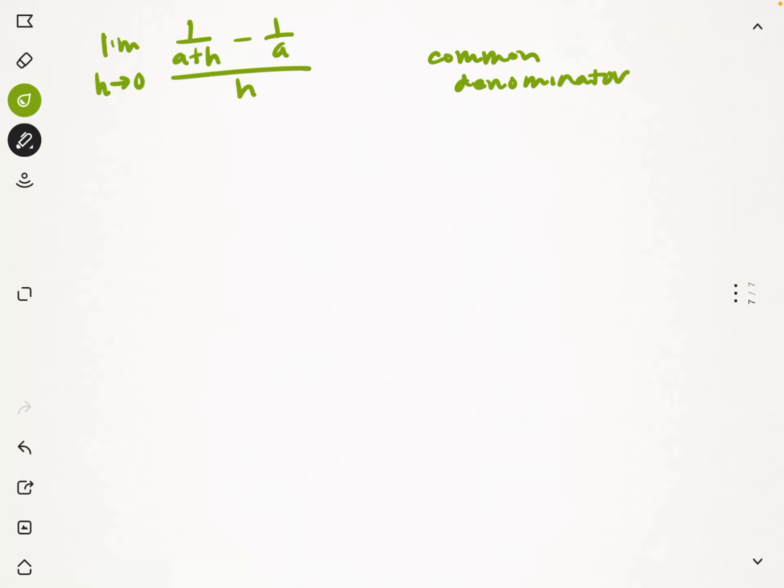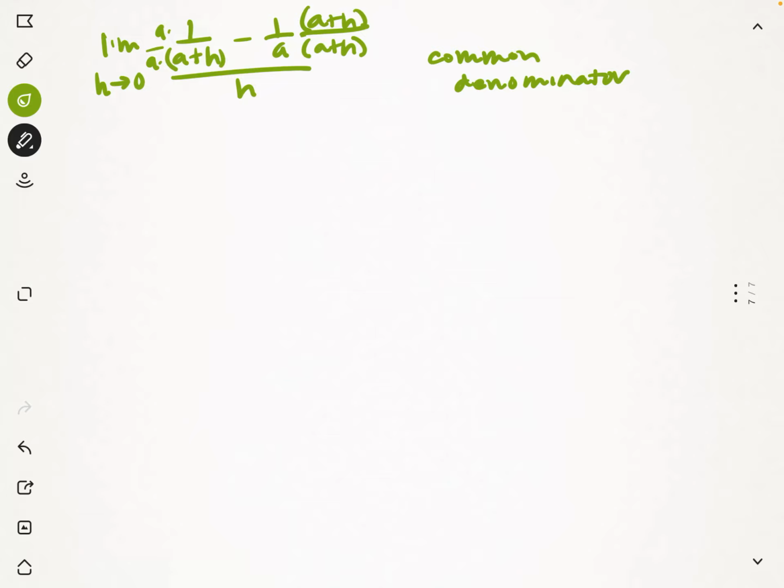In order for us to have common denominators here, I'm going to multiply by a plus h, and then here I'm going to multiply by a and a. We didn't change the value of the function because we're multiplying by the same number on top and bottom, which is technically like multiplying by 1, which does not change the value. It just changes the form.